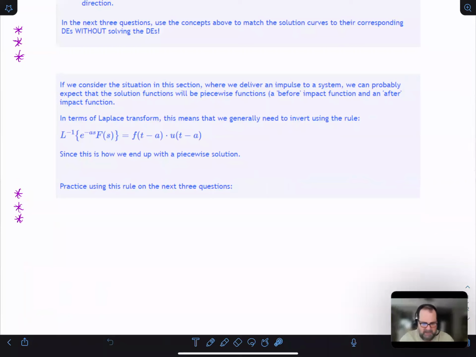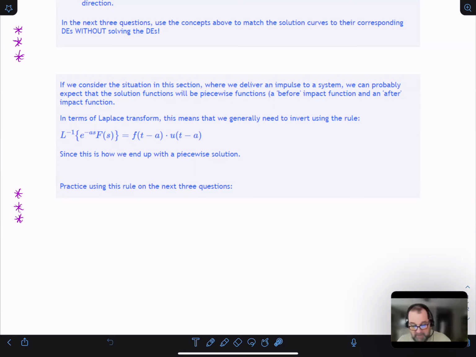again, if there's anything tricky that happens here, it's often with these inverse Laplace transforms we need to take. So if you think about the situation we have here, we're delivering an impulse to a system. Yes, so again, imagine a mass spring system oscillating, and then at some moment we smack it with a hammer.